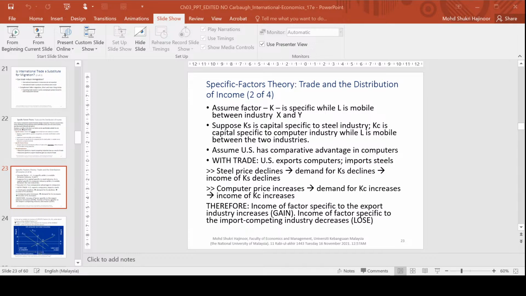From this intersection to this intersection, S2 and D0, which is 2.5. So this results in higher inequality of wages, from 2.0 to 2.5. Higher inequality.